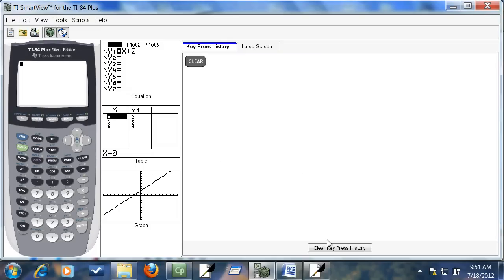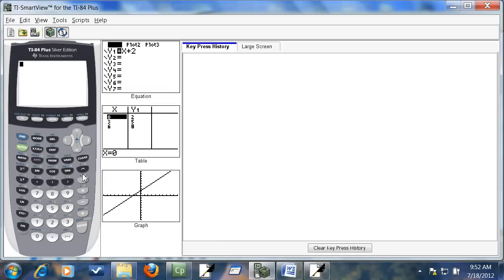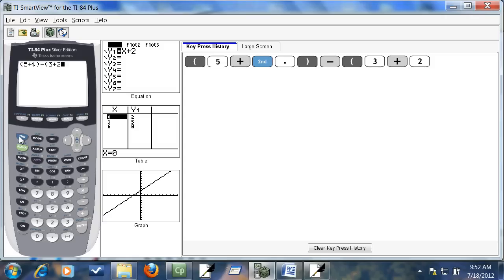So let me come over here. You basically type them in exactly as you see them. So our first one, 5 plus i inside of parentheses. So beginning parentheses, 5 plus second decimal is how you get the i. Close parentheses, minus beginning parentheses, 3 plus 2, and then second decimal. Close parentheses, enter.